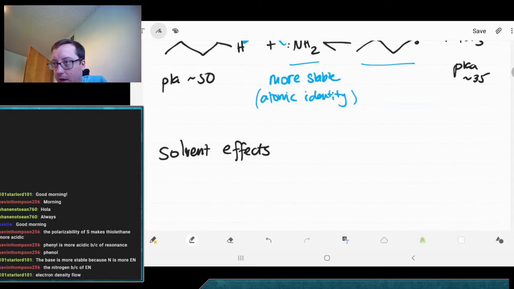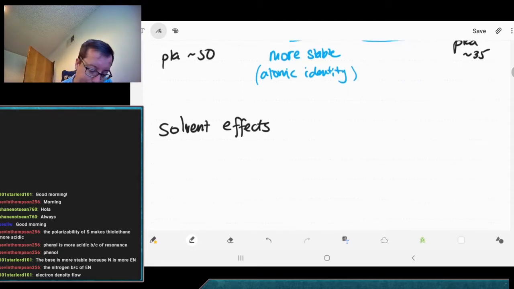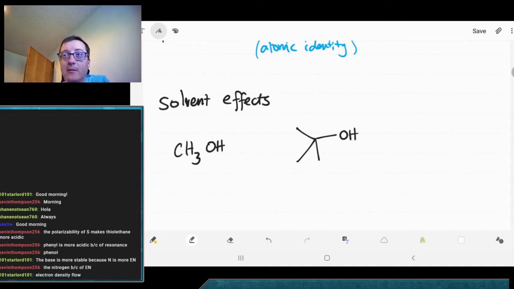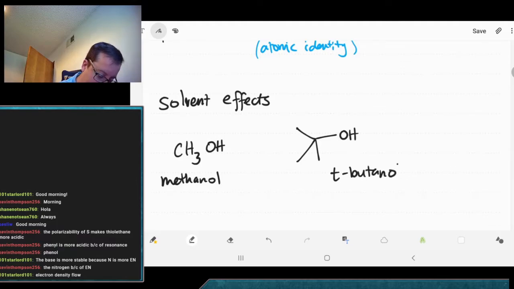So if we're to take, for example, these two compounds, methanol or T-butanol. You don't need to learn these names yet.